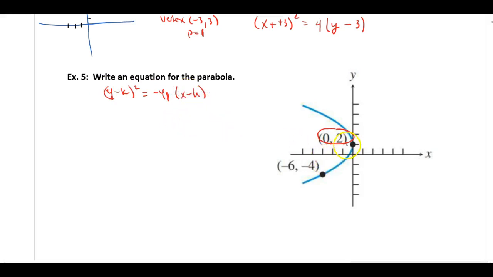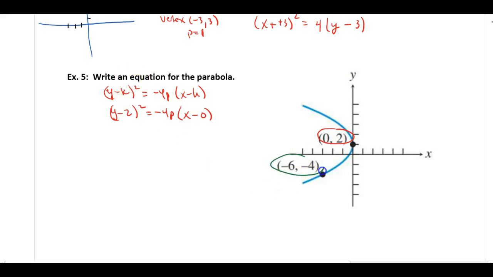But here's the thing. I know my vertex, so I know (y - 2)² equals. The thing I don't know right now is p. So I'm going to leave this as -4p times (x - 0). So how do I find p if I don't have the focus or directrix?